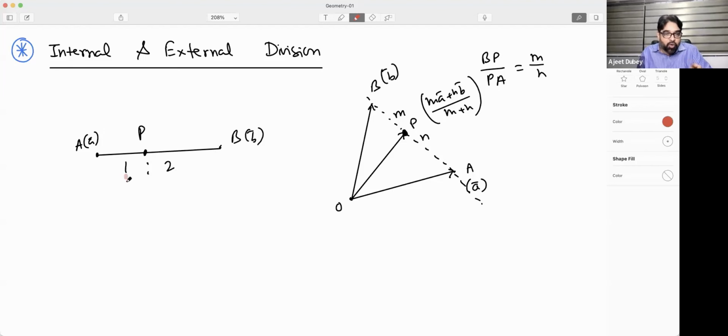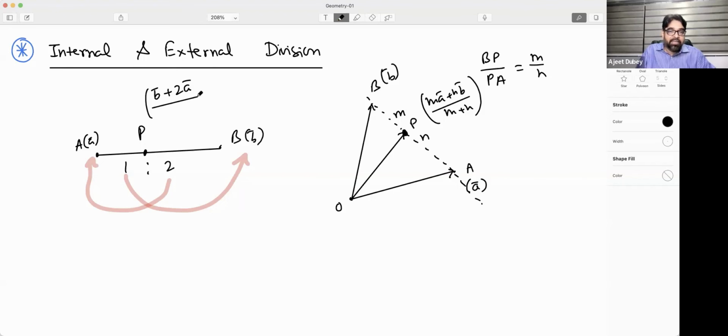This side's ratio multiplies to this, and this side's ratio multiplies to this. So what you will get? 1 into B plus 2 into A, divided by the sum of the ratio, 1 plus 2, 3. Like this formula we find the coordinate.